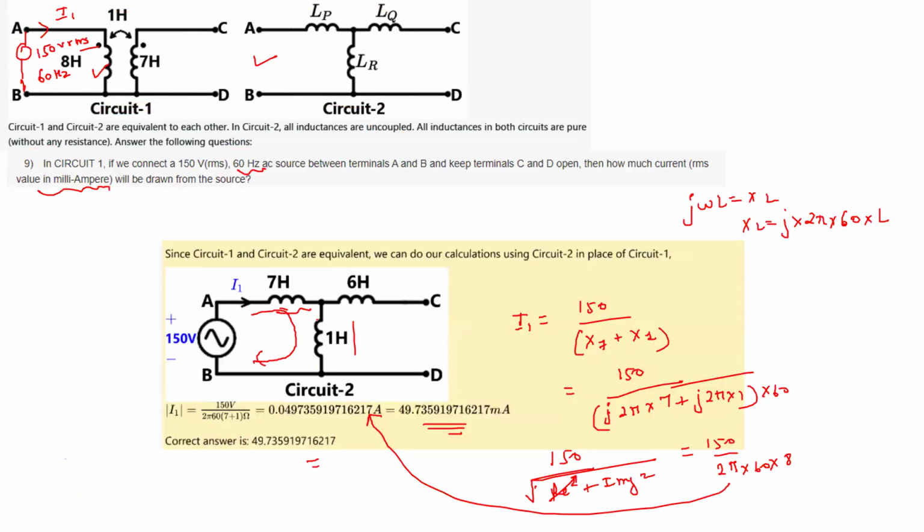In this circuit, you did not even have to think about what is the mutual and what is the self. If you are asked in the original circuit, it will be difficult, though you can still find it by using the KVL equations. But in this circuit you can directly imagine how to do the parallel connection and series connection. That is why generally in two port network you convert the things into the equivalent pi model or T model. So this is a T model.